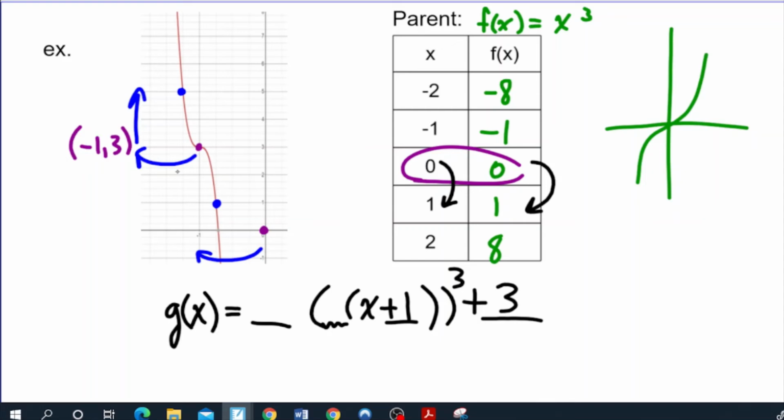Well, again, I'm supposed to move over a full 1, but I didn't move over a full 1. What fraction of 1 did I move over? Can you see that it is 1/4? So this distance right here is 1/4 of a full 1.